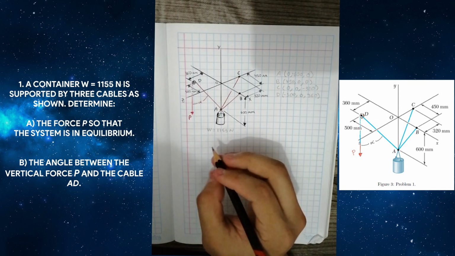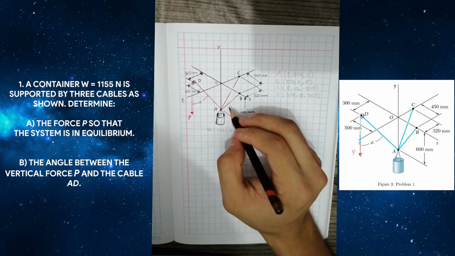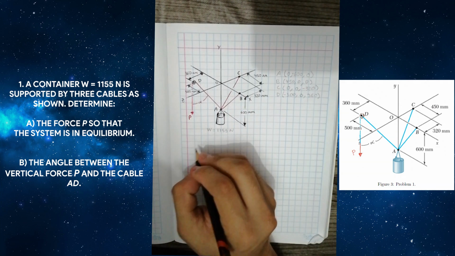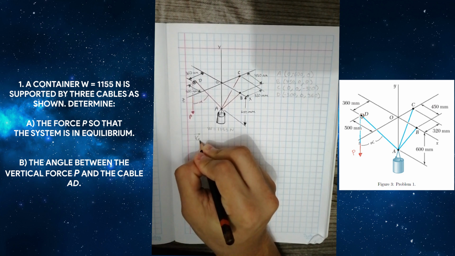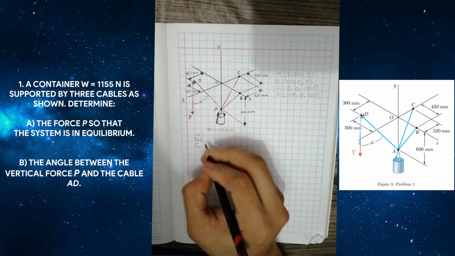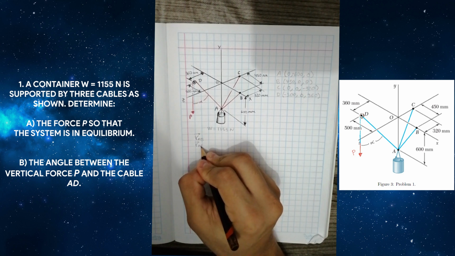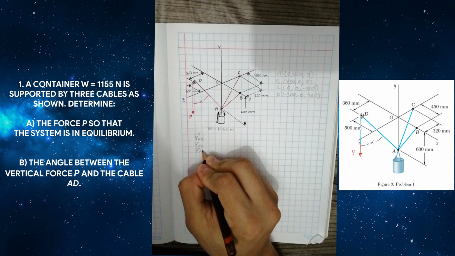find the position vectors. The first position vector is the vector AB. The next is the vector AC. And the last is AD.